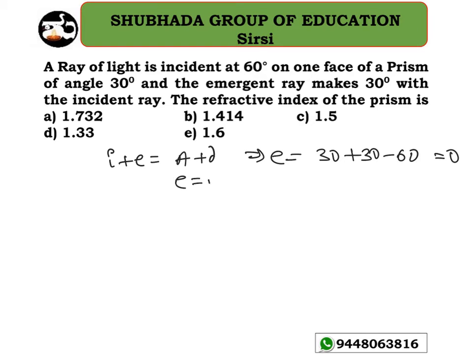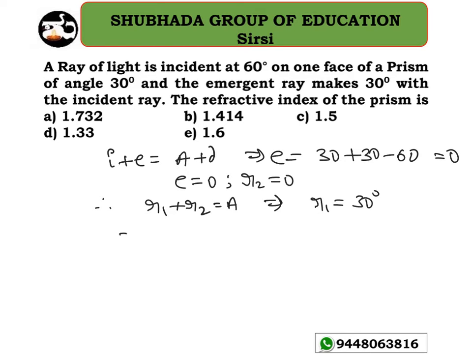If the angle of emergence is 0, then r2 must be equal to 0, right? So therefore I can say r1 plus r2 equal to A. It implies r1 is equal to A, that is 30 degree, correct? The prism angle is 30 degree, so that is the reason why r1 must be equal to 30 degree here.